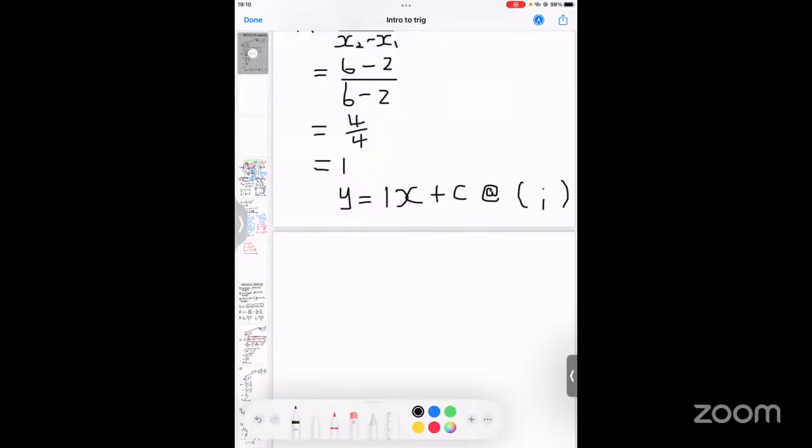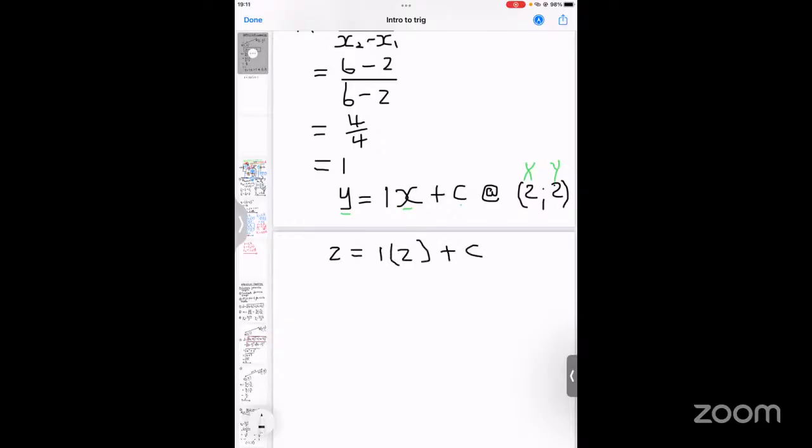Why do we have to choose a point? It's so that we can calculate the c value. Remember, this is your x, this is your y. So where you see x, you'll put 2. Where you see y, you'll put 2. Then you will solve for c, which means you have 2 equals that invisible 1 times 2 plus c. You take this to the other side.